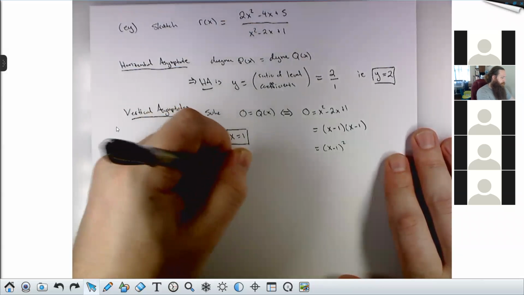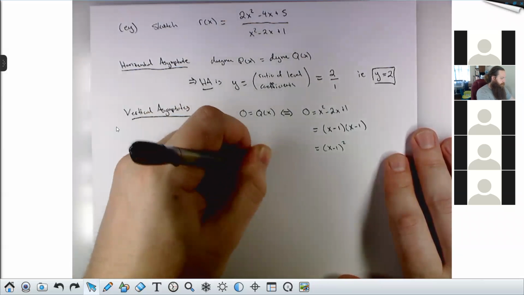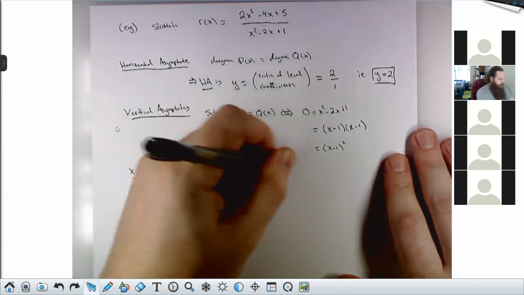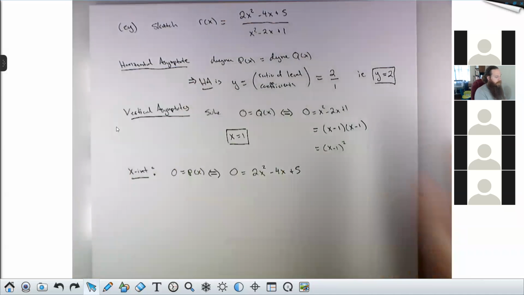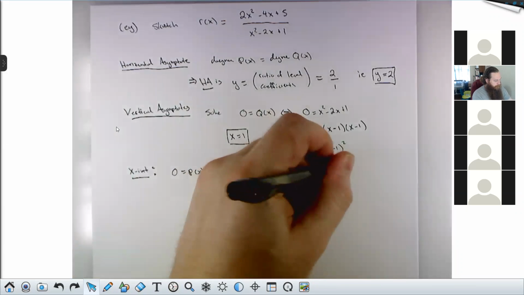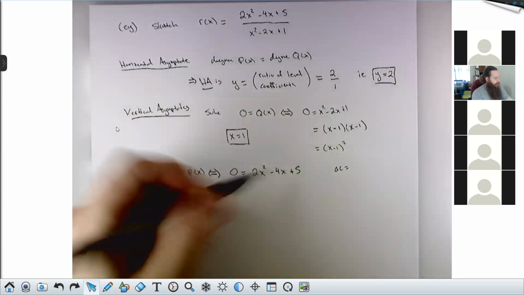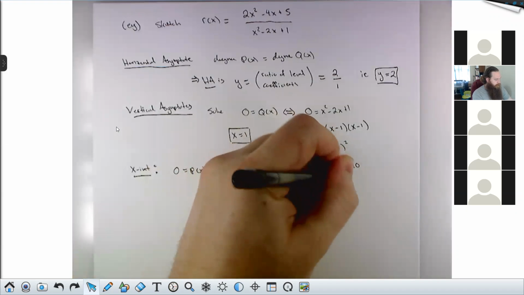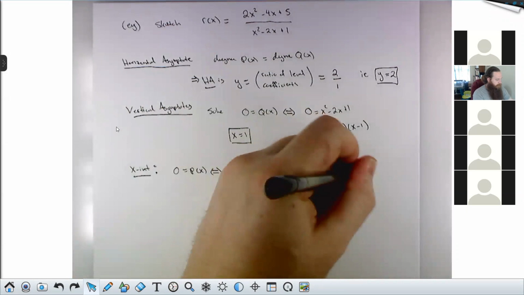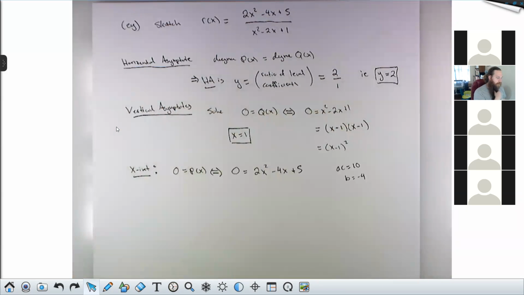So that means 0 would be equal to 2x squared minus 4x plus 5. And to factor this, we need the AC method. AC here is 2 times 5 is 10. B is -4. So can I find two numbers that multiply to +10 and add up to -4?